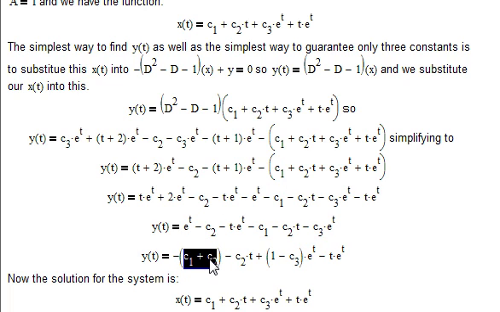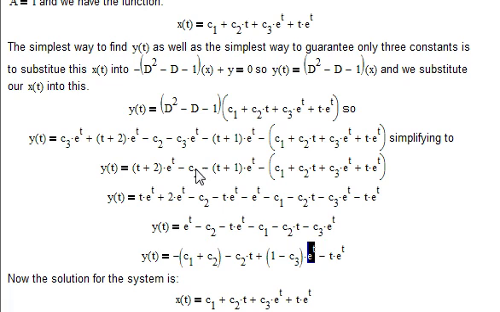So it's negative c1 plus c2. What do we have going on in the e to the t department? Well, we've got 2 minus 1 minus c3. Well, 2 minus 1 is 1, so it's 1 minus c3 times e to the t.